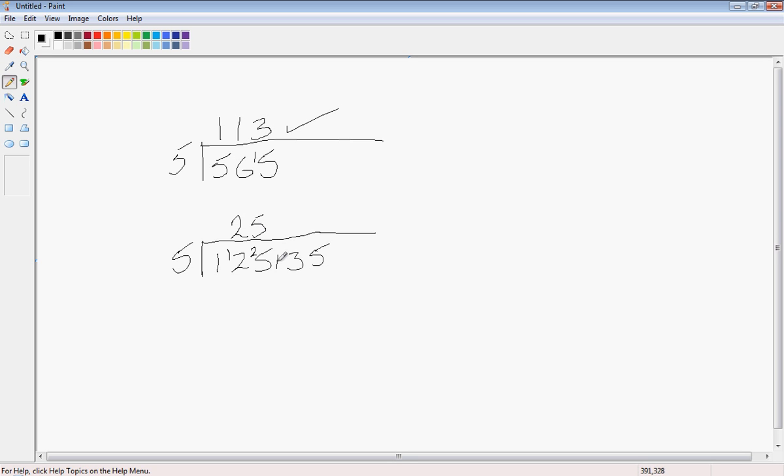Now 5's into 1, again we know we can't divide 5 into 1, so we show this by putting a 0, and this 1 gets carried across again. 5's into 13, well 2 5's are 10, giving us 3 left over. 5's into 35 goes 7.